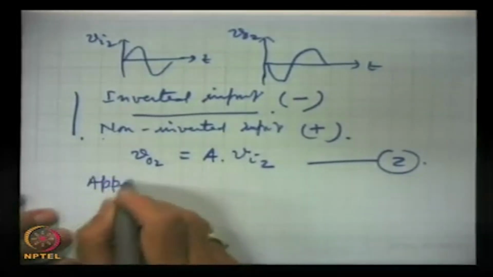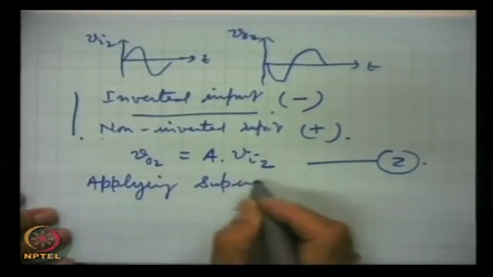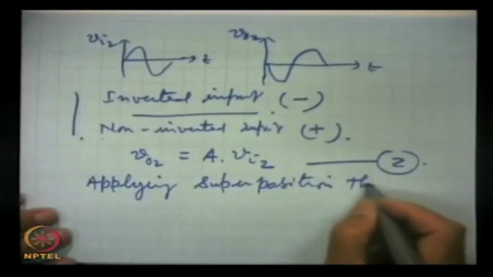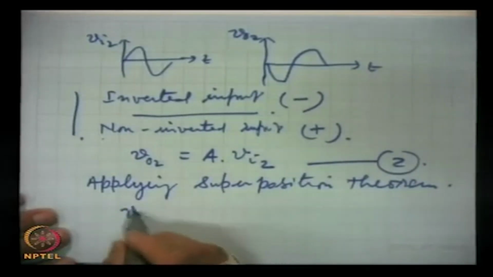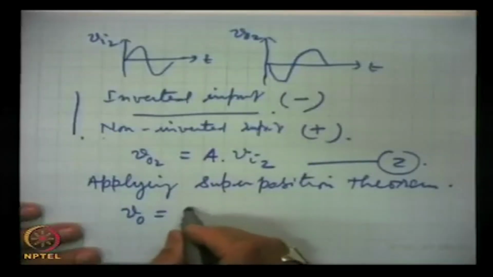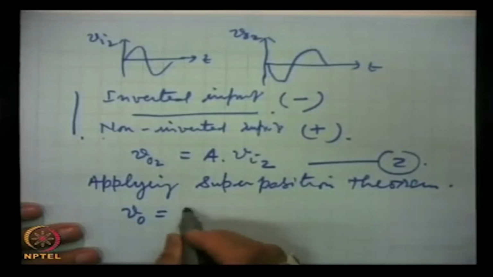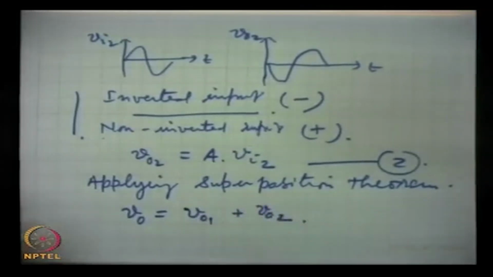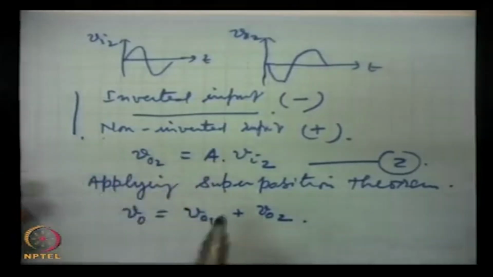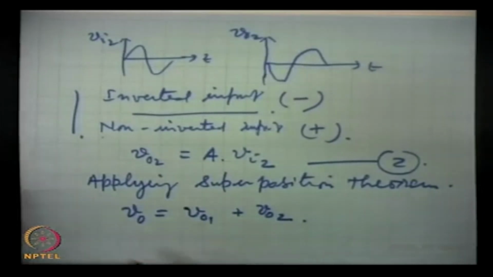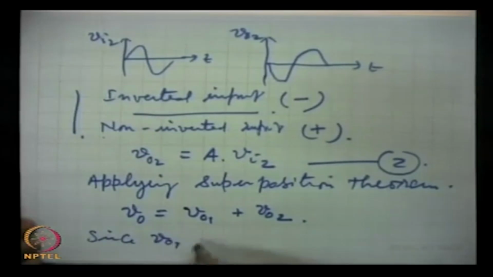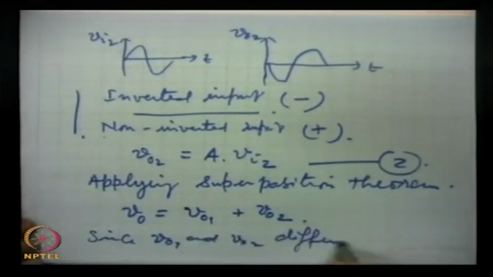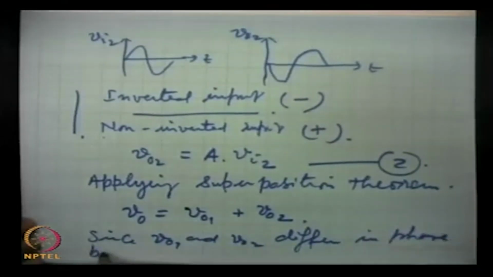Now we apply the superposition theorem. When both inputs are active, that means when both signals are present, the output VO will be the algebraic sum of the two, and they differ in phase by pi, since VO1 and VO2 differ in phase by pi.